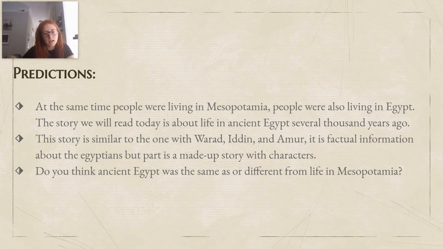Do you think that ancient Egypt was the same as or different from the life in Mesopotamia? So do you think that people living in ancient Egypt were living similarly or more different than the people who were living in Mesopotamia? Let's see if your prediction is right when we read, okay?